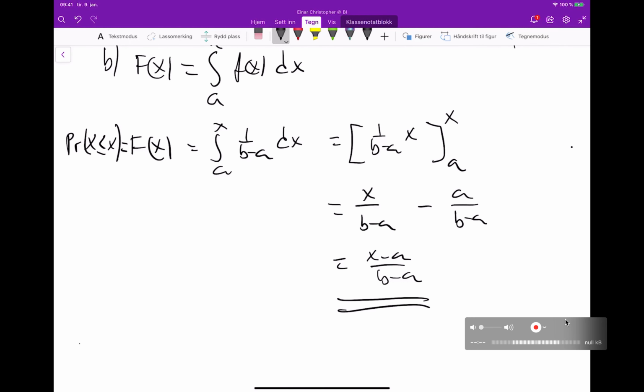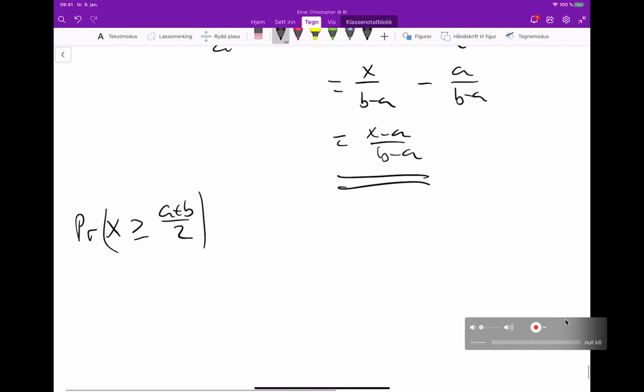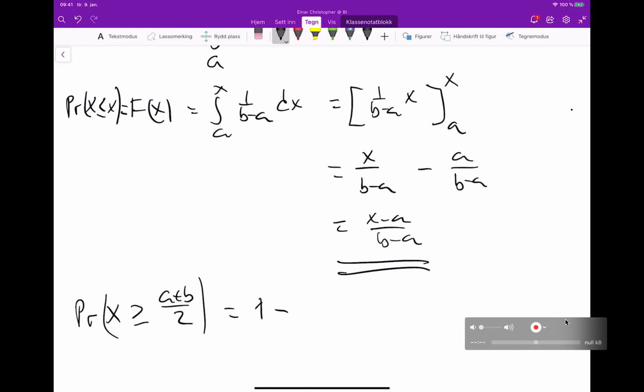So now we are asked to find the probability of x greater or equal a plus b divided on 2. That's the same as finding 1 minus the probability of x less or equal a plus b divided on 2.